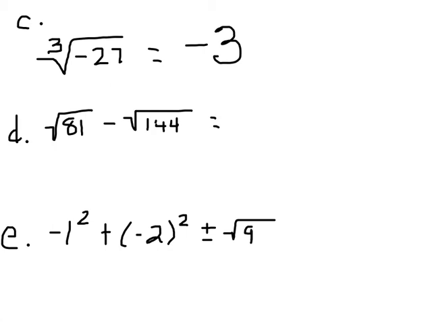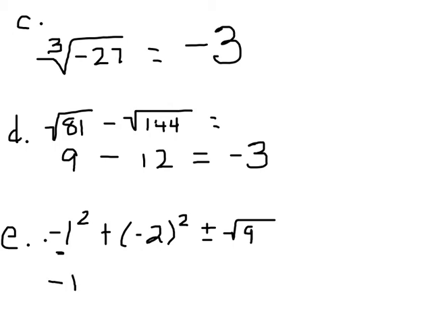Alright, D takes it a step further. We're going to work a problem solving square roots. So the square root of 81, you can look at your chart until you memorize it, is 9, and the square root of 144 is 12, and 9 minus 12 is equal to negative 3. Alright, in E, negative 1 squared, and remember this is not in parentheses, so that negative is not protected. We're actually squaring the 1, which would be 1, and the negative stays with it.